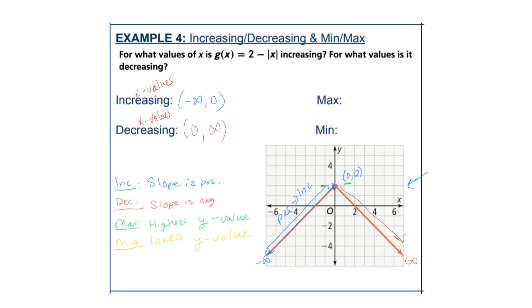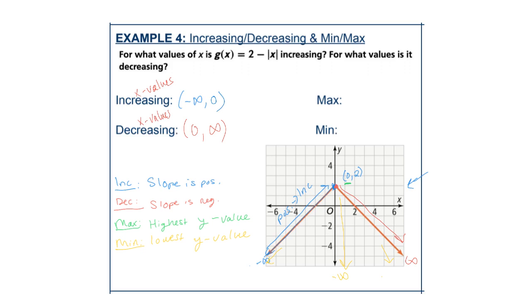Now for our max and min. Let's look at our min. As we can see, the graph is going down and down, so it's going to keep going down to negative infinity. So technically, we don't have a minimum value that we can represent for this graph. It has no minimum.